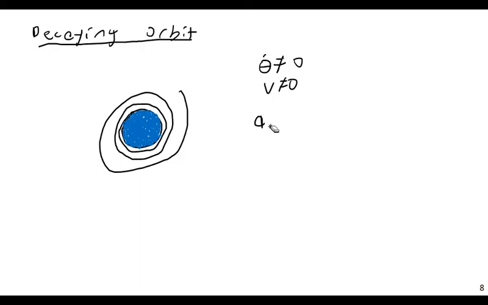Acceleration in the r direction cannot be equal to 0 because this thing still has to travel in a circle. Acceleration in the theta direction, or the transverse direction, cannot be equal to 0 because it's experiencing drag that's causing it to slow down. And here, in this case, r double dot would also not be equal to 0 because this is a decaying orbit.